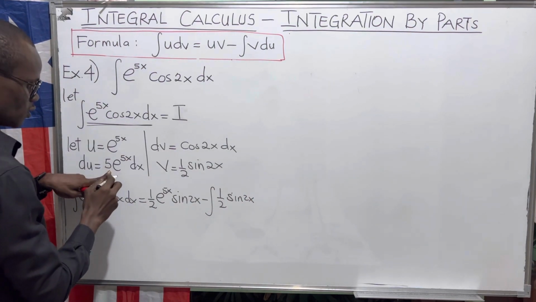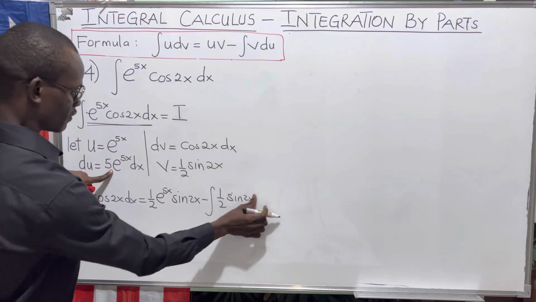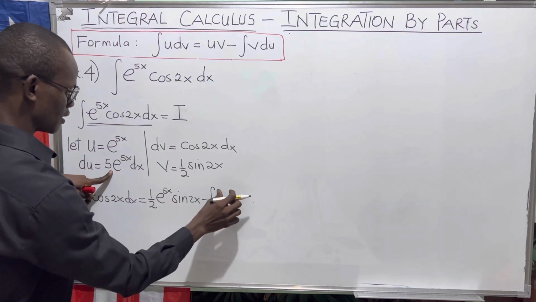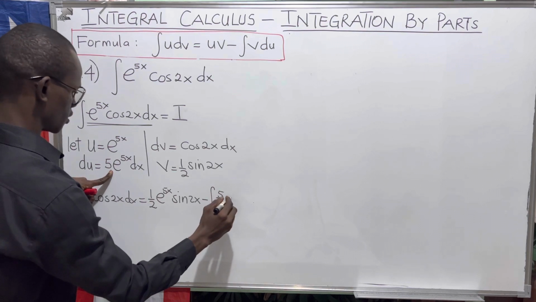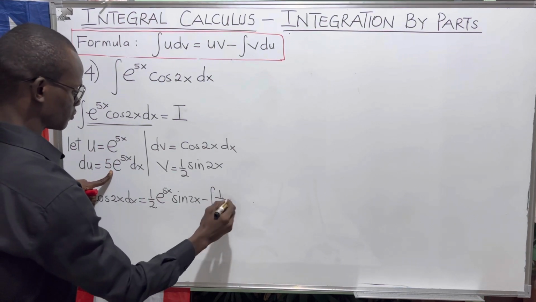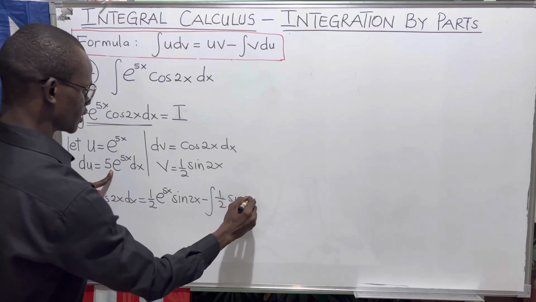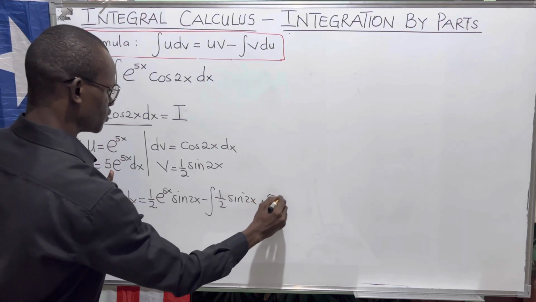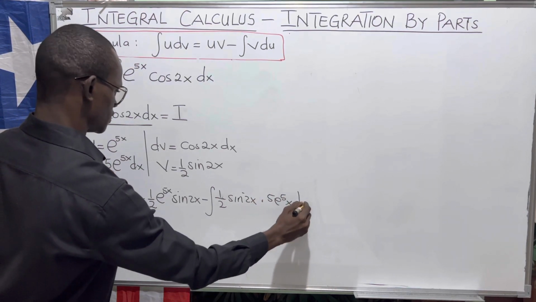There is du, which is 5 e raised to the power 5x dx. So let me put it so you understand it: sine of 2x times 5 e raised to the power 5x dx.